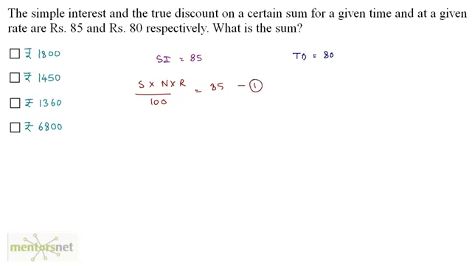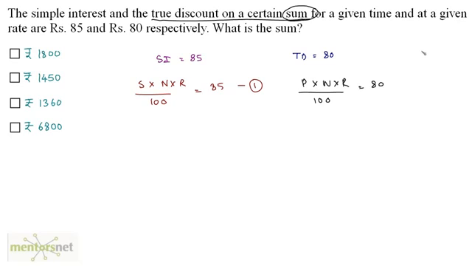Let's calculate the true discount. Now true discount is given. What is the formula for true discount? Well, basically when we say that we calculate a true discount on a certain sum, this sum is actually the future worth. So true discount is actually the interest on the principal worth, on the present worth, right? So this can be written as P times N times R upon 100 is equal to 80.